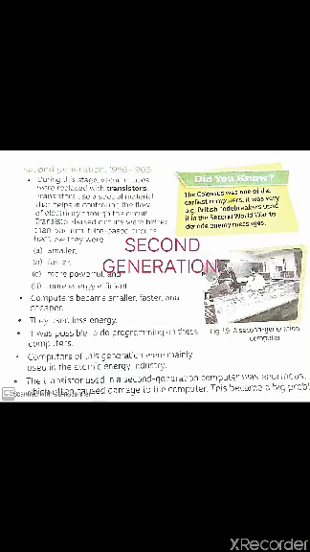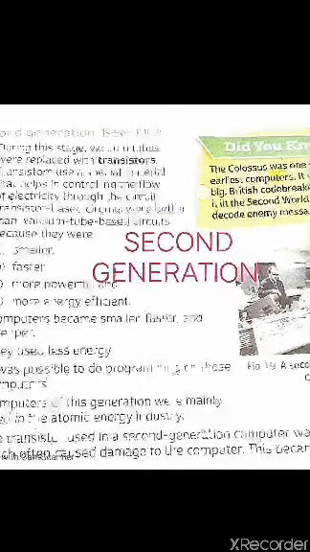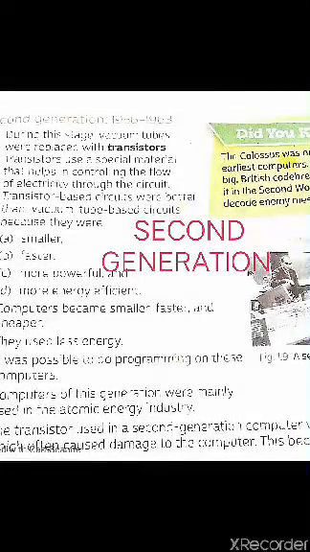Now let's see second generation. This took place from 1956 to 1963. During this stage, vacuum tubes were replaced with transistors. Computers became smaller, faster and cheaper. They used less energy.